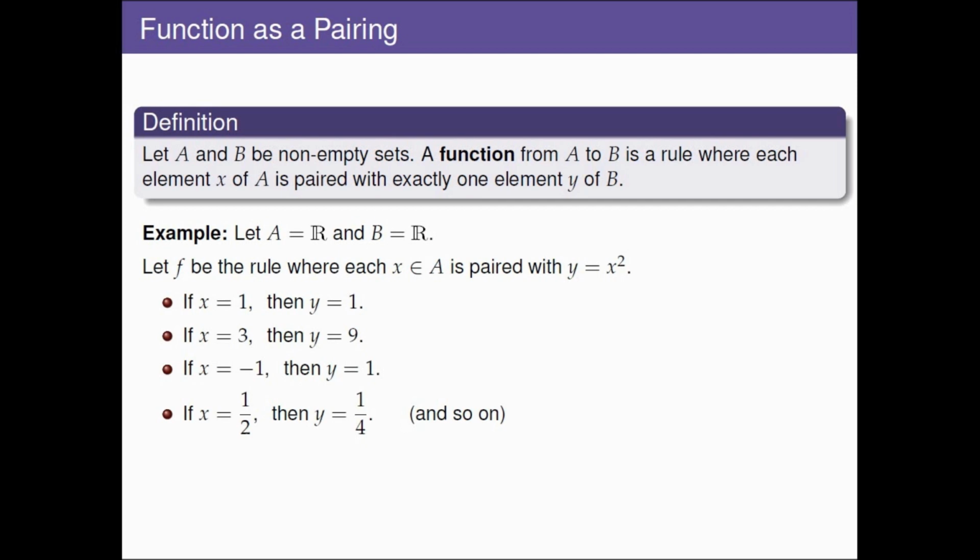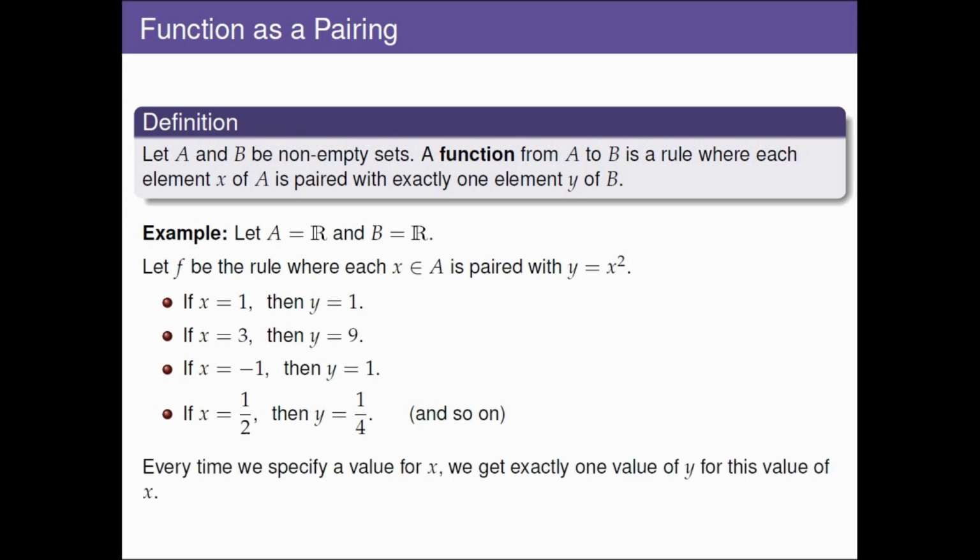Although we cannot get all the possible values of x, we can say that in principle, every time we specify a value for x, we get exactly one value of y for this value of x. So that f is a function from A to B.